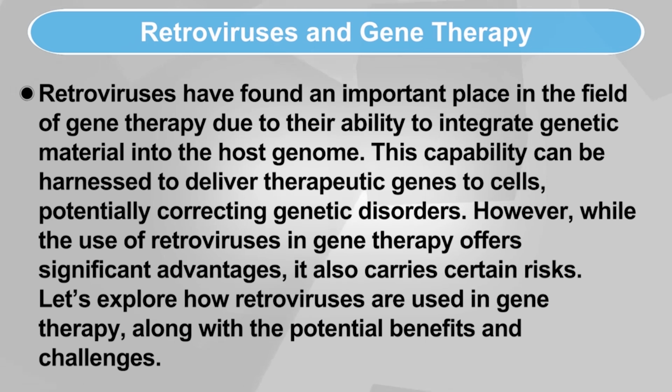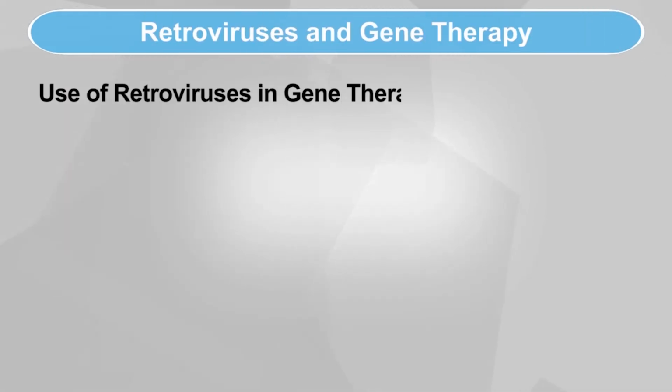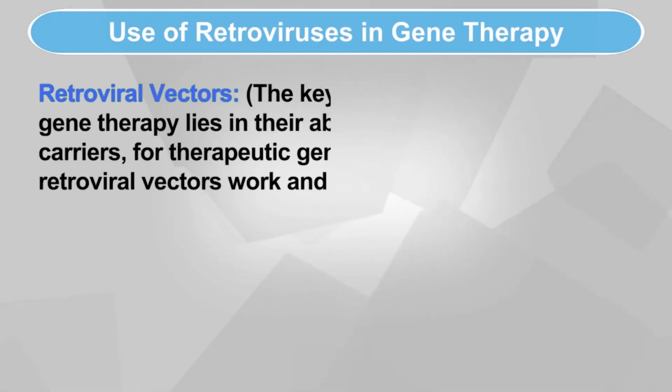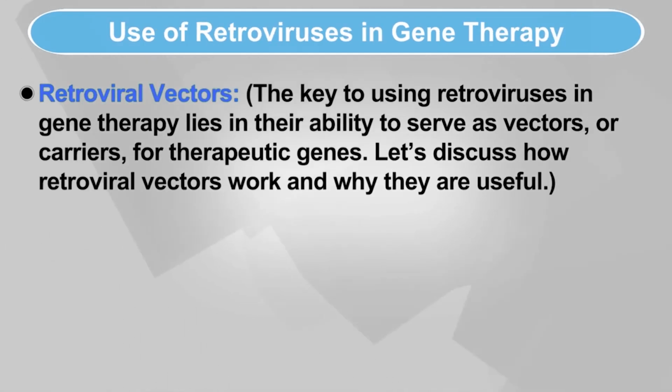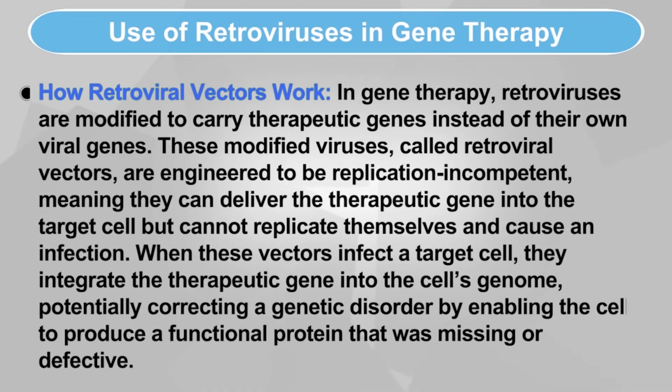The key to using retroviruses in gene therapy lies in their ability to serve as a vector or carrier for the therapeutic gene. Let us discuss how retroviral vectors work and why they are useful. In gene therapy, retroviruses are modified to carry therapeutic genes instead of their own viral genes.